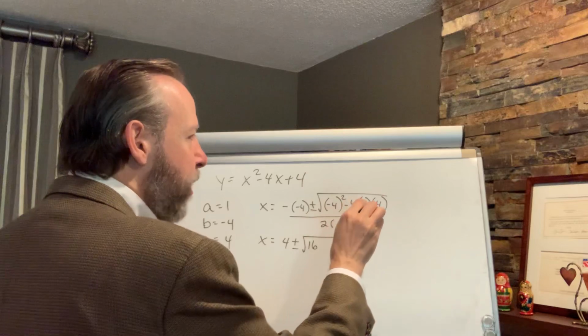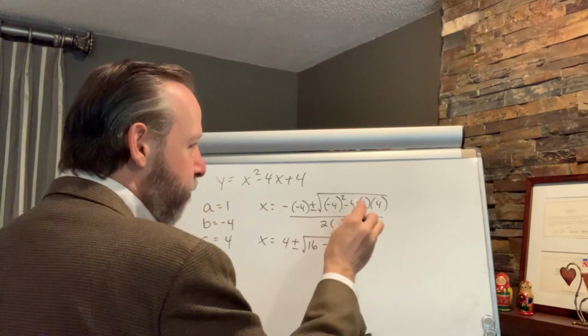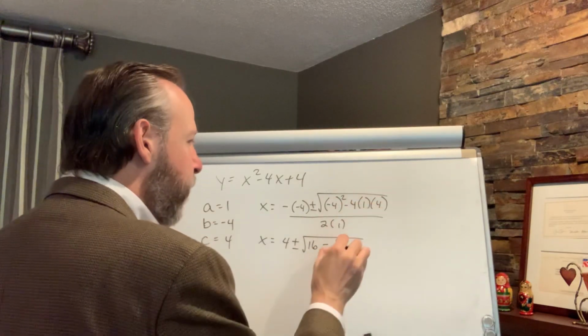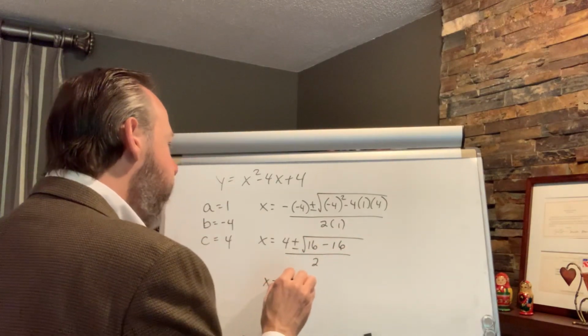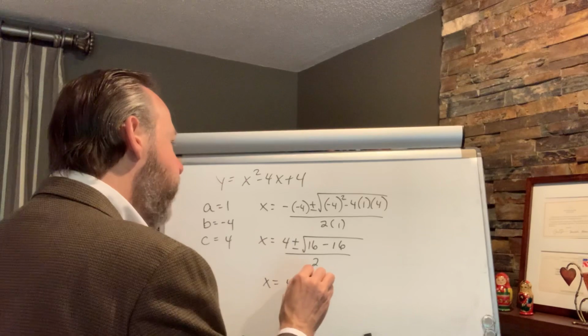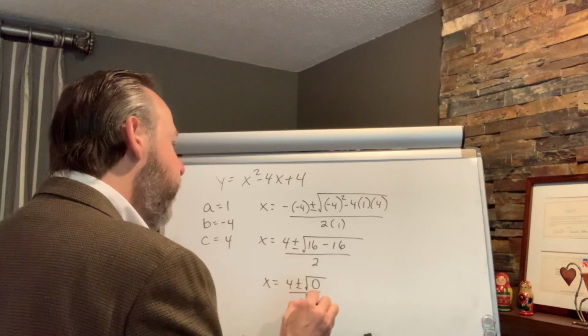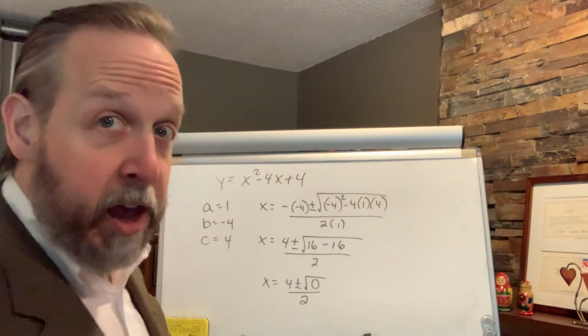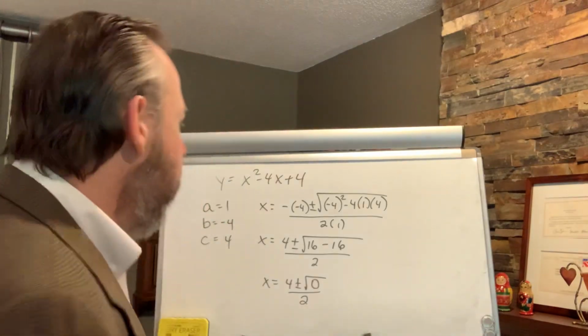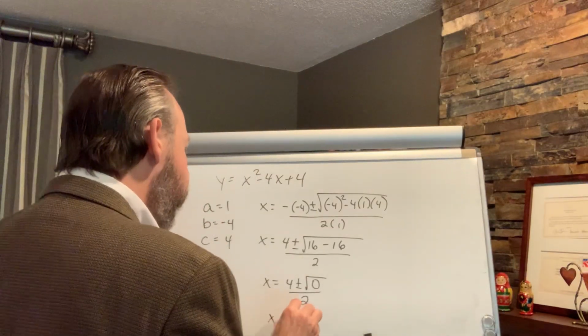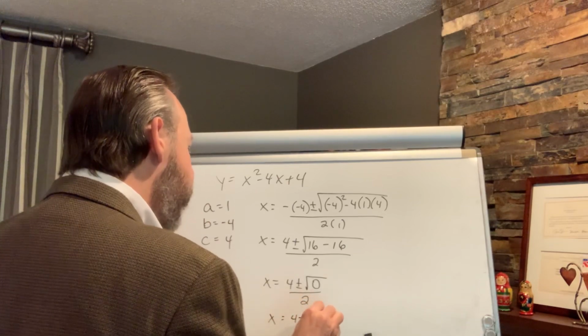Minus 4 times 1 times 4 is negative, and 4 times 1 is 4, times 4 is 16. All over 2. So this becomes 4 plus or minus the square root of 0 over 2. Now, 0 does have a square root. It's 0, because 0 times 0 is 0. So this is 4 plus or minus nothing over 2.